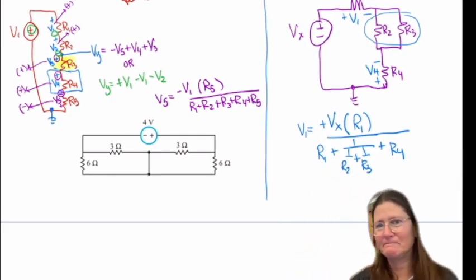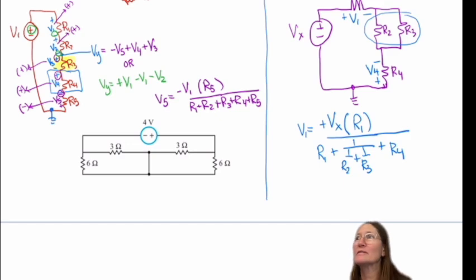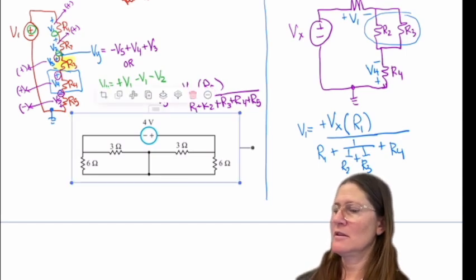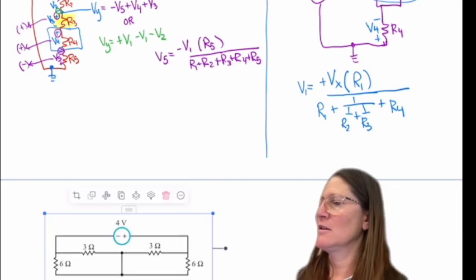Does that make sense? And then V4 would be negative Vx times R4 over the same summation. Correct.